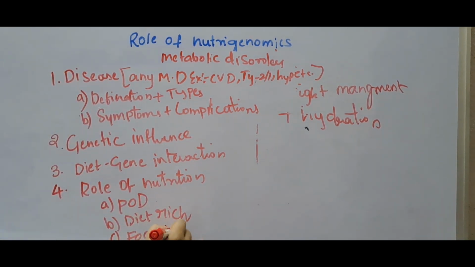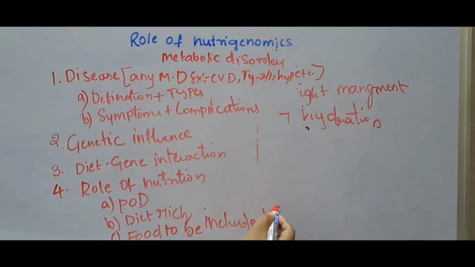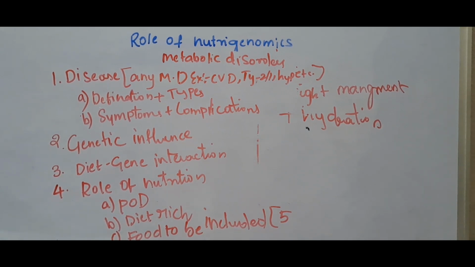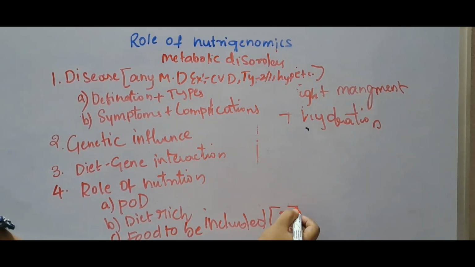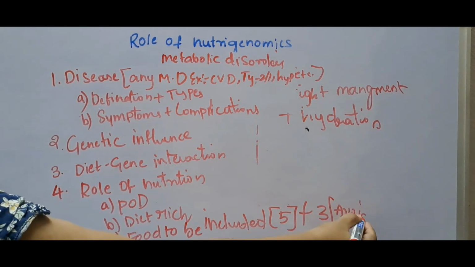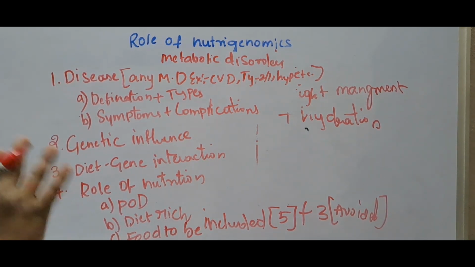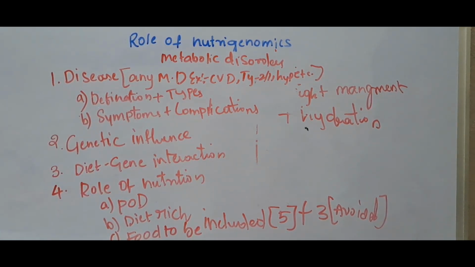Foods to be included, and the D point should be avoided. You have to write 5 included and 3 avoided. That means you have to write more included rather than avoided. So these 4 tips are very easy to remember for any metabolic disorders.